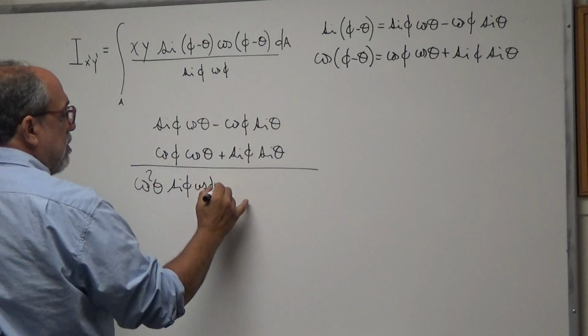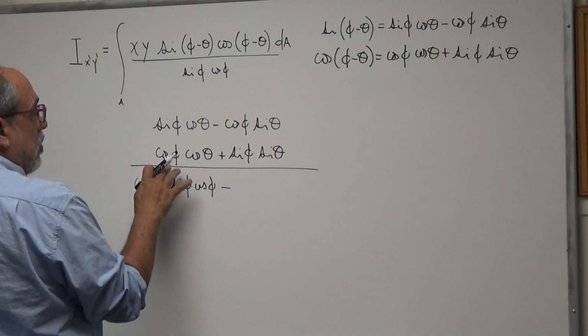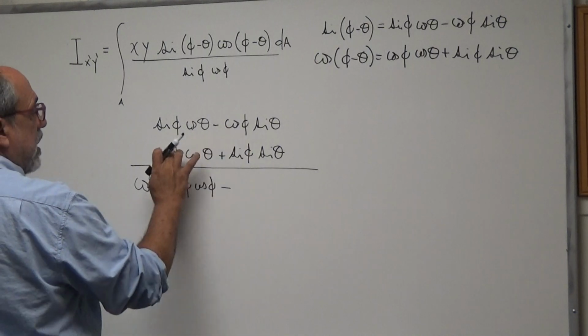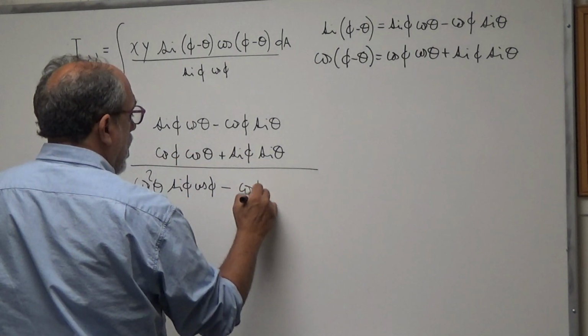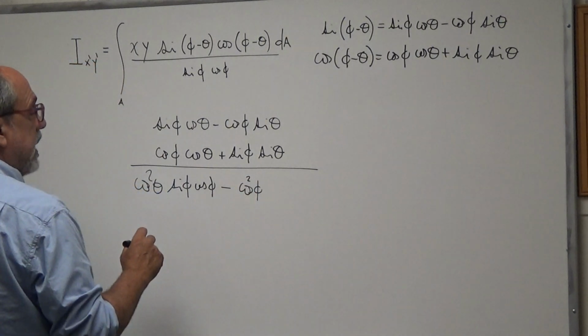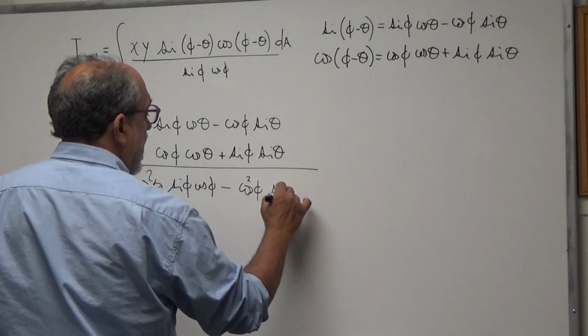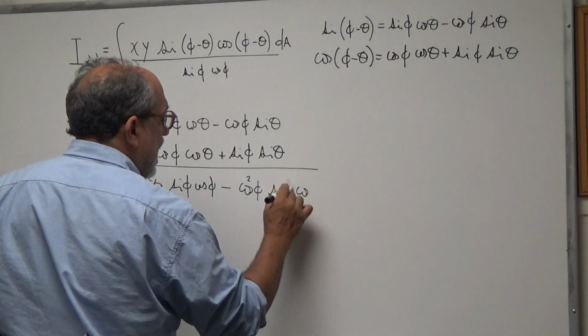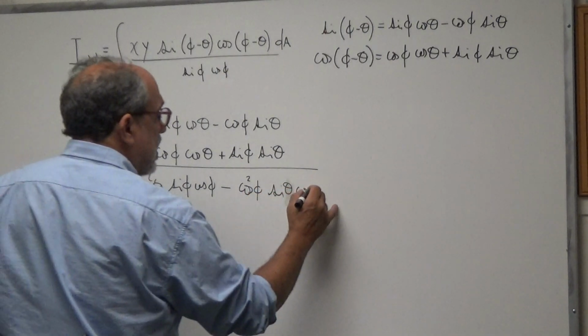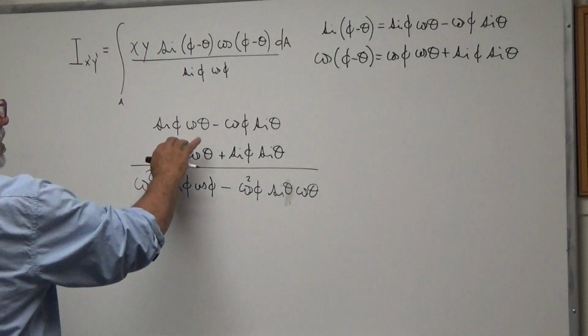Now this one is minus, let's see, what's repeated here? Cosine of phi squared times sine theta cosine theta. That was this one.